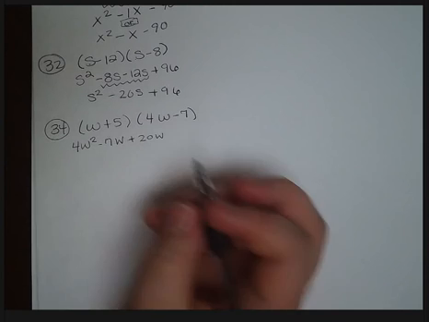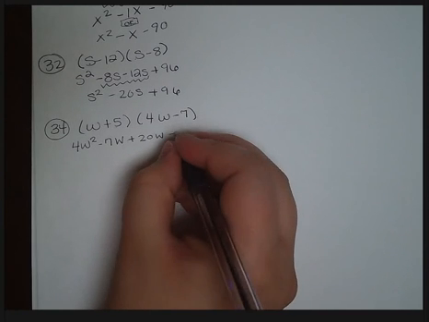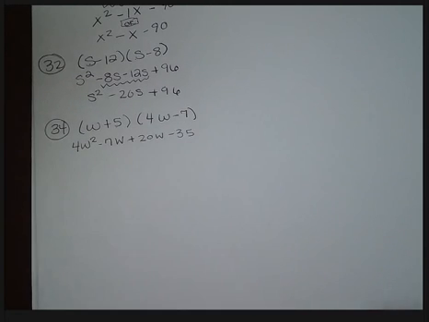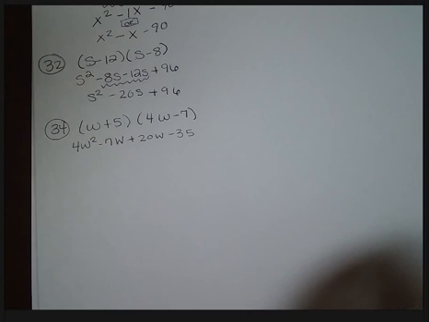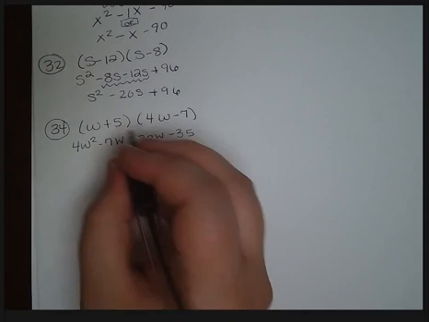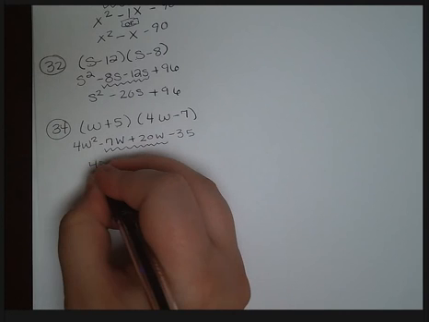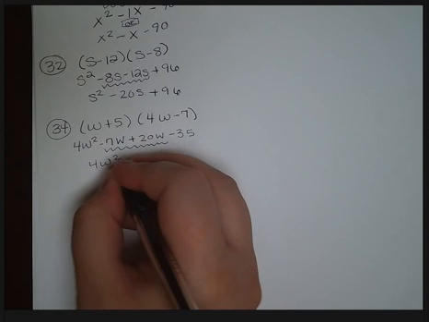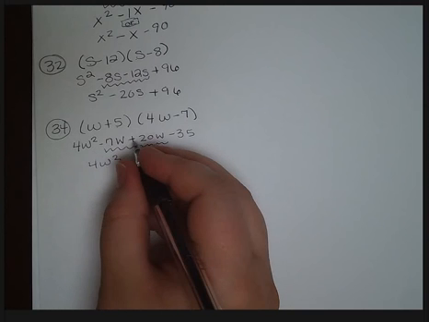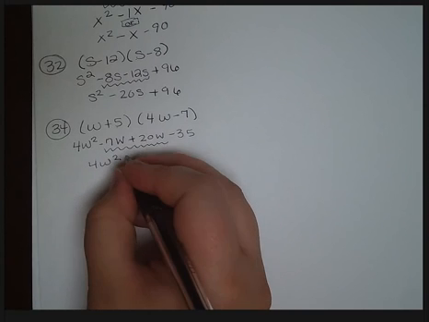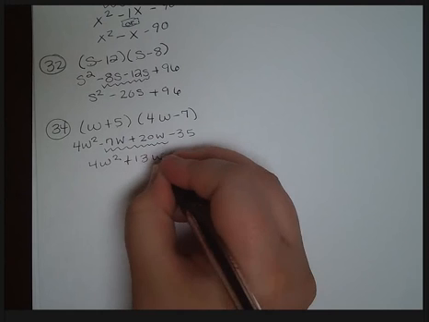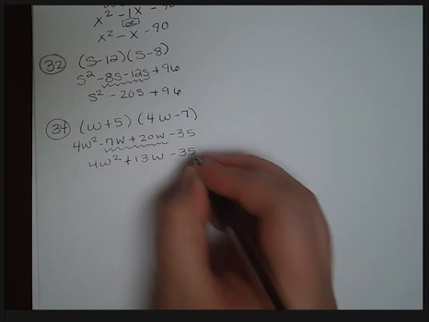And then 5 times negative 7 is negative 35. Now you combine your like terms to get 4w squared. And then negative 7w plus 20w is going to give me a positive 13w. And then bring down your minus 35.